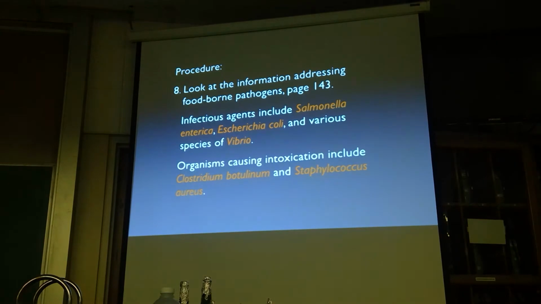Because Clostridium organisms are obligately anaerobic, you seal them inside a container, and they don't need oxygen to grow and reproduce. They grow in there and they produce the botulism toxin, which can cause complete flaccid paralysis. We'll talk about how that happens in lecture later on, but it can kill people.